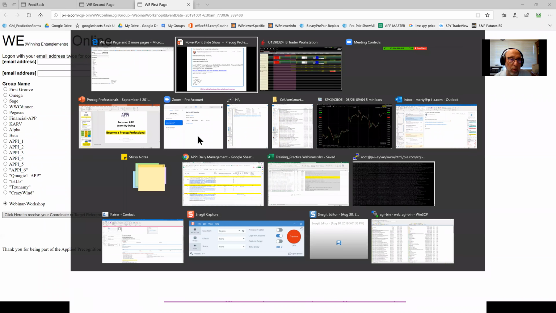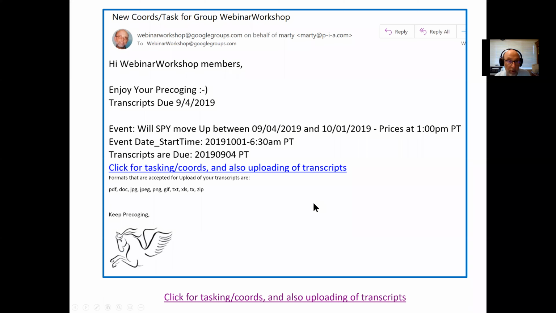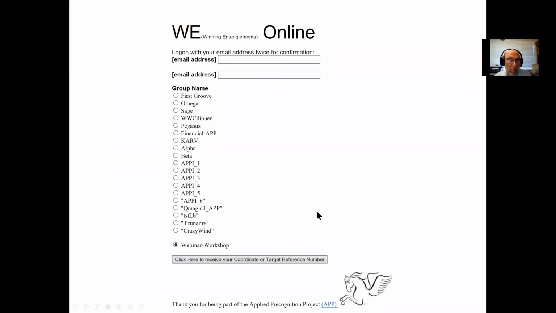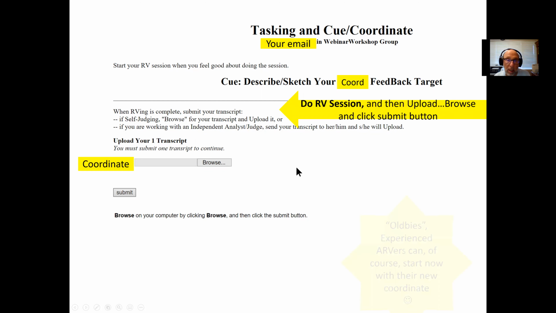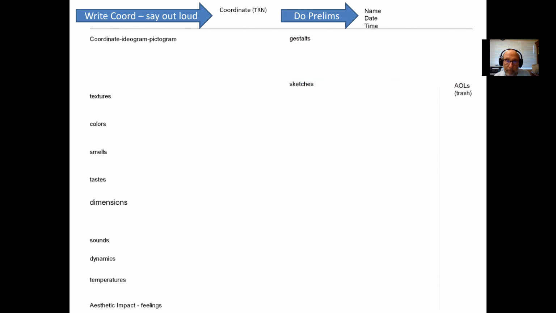For those of you who are newbies, let me introduce remote viewing to you. You will use that same link, but why don't you just wait a moment. On what's going to become your transcript, once you get your coordinate, also target reference number, you put that on the top.